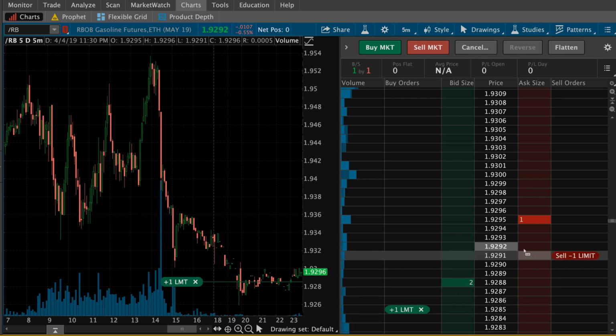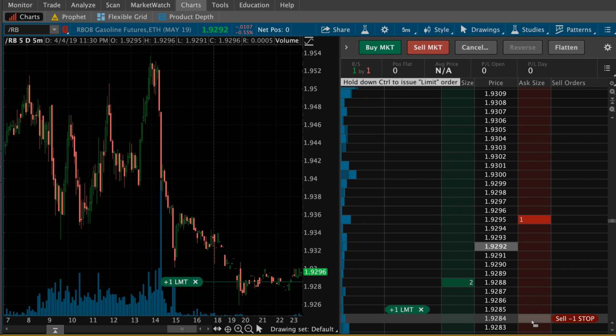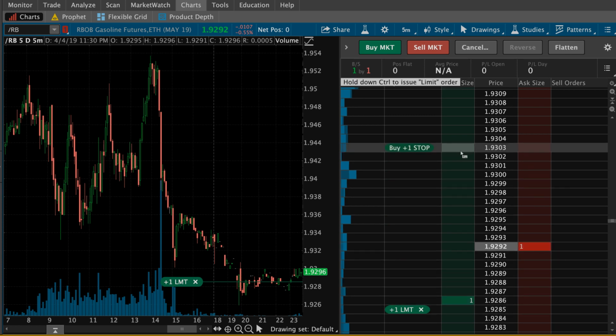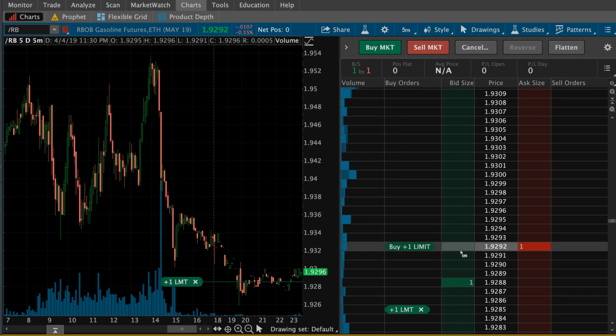And it won't execute until the bid or the ask comes down. Well, either the ask comes down to meet your buy price, or the bid comes up to meet your sell price. That spread represents the difference between what people are willing to buy or sell at, and that spread can constantly change.